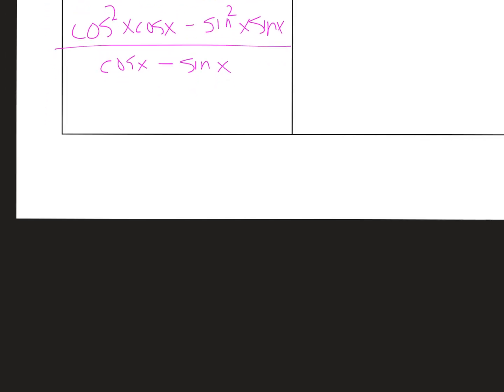The top is cosine cubed minus sine cubed, and I'm dividing by cosine minus sine. Let's do long division. So cosine cubed minus sine cubed divided by cosine minus sine.